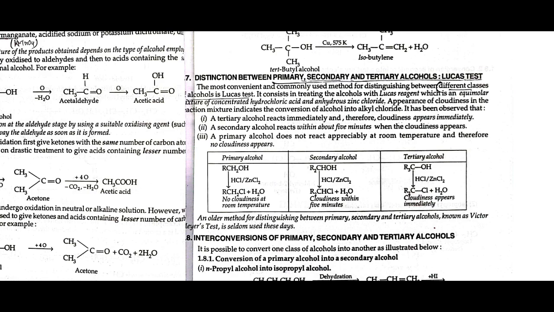Appearance of cloudiness in the reaction mixture indicates the conversion of alcohol into alkyl chloride. It has been observed that a tertiary alcohol reacts immediately and therefore cloudiness appears immediately. A secondary alcohol reacts within about 5 minutes when the cloudiness appears. A primary alcohol does not react appreciably at room temperature and therefore no cloudiness appears.